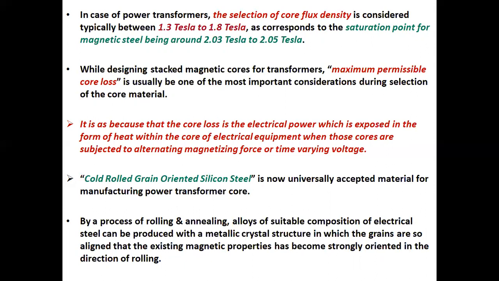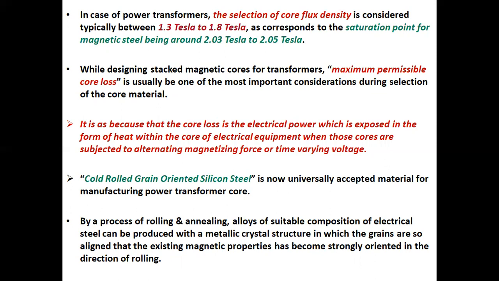It is because the core loss is the electrical power which is dissipated in the form of heat within the core of electrical equipment when those cores are subjected to alternating magnetizing force or time varying voltage. Cold rolled grain oriented silicon steel is now universally accepted material for manufacturing power transformer core.